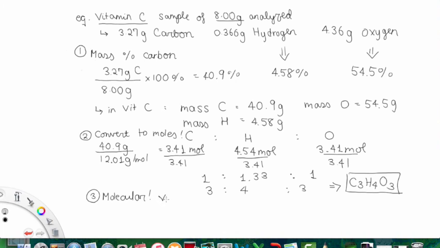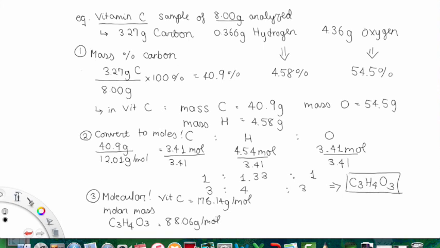They tell you that the molar mass of vitamin C is 176.14 grams per mole. Since we know the empirical formula, we can figure out the total mass of this empirical formula. The molar mass of C3H4O3 is 88.06 grams per mole.